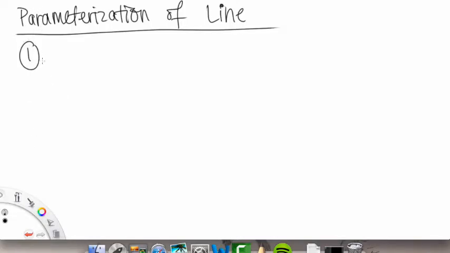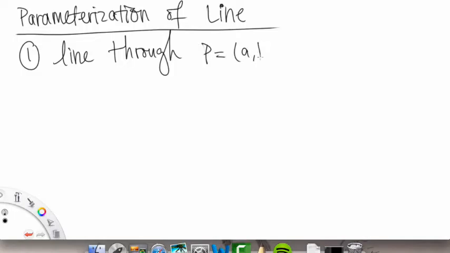So the first way you can parameterize a line is based on what you're given, right? So what if you're told that the line goes through a point P, (a, b), with slope m?